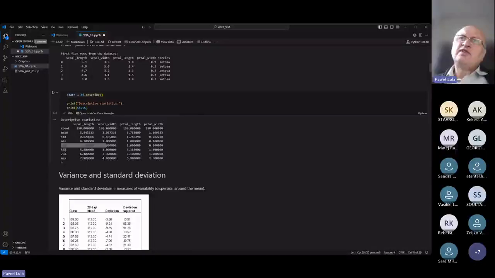So we see that these very simple statistics are used for description of every variable which we have in our data set.